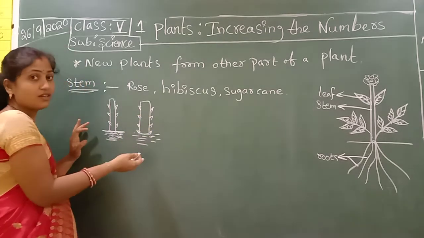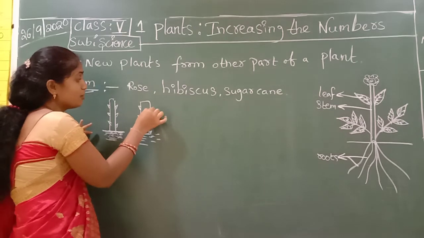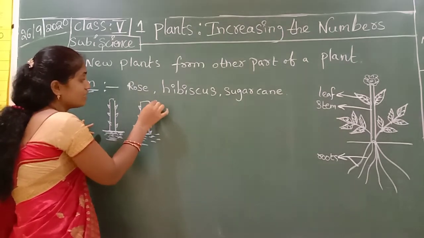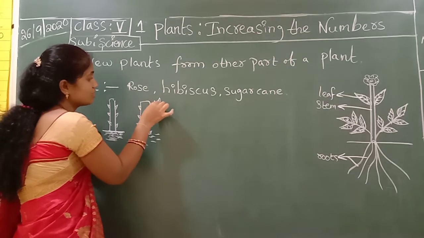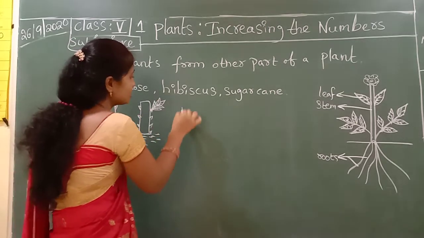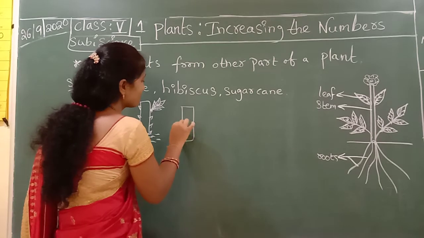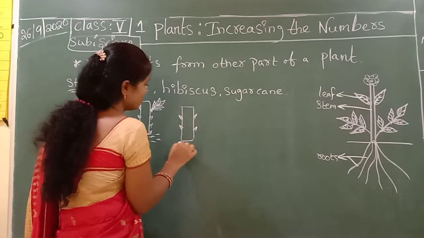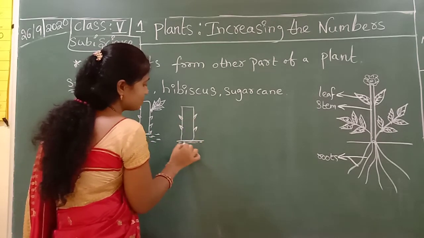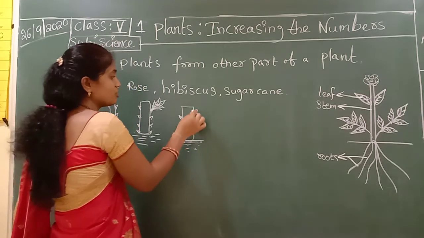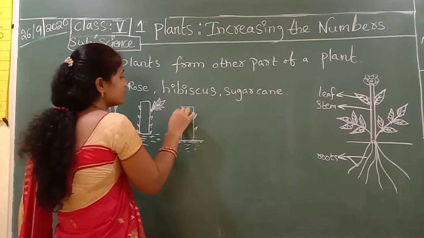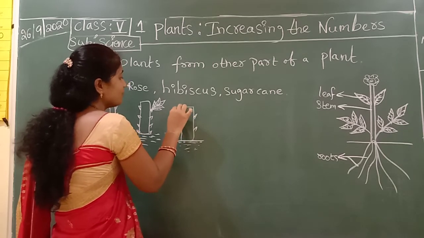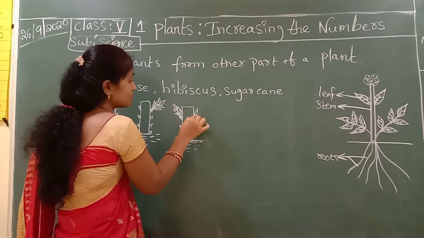After one week we get leaves on the plant. We are getting leaves like that, and next it will become big. Okay children, you have to observe your surroundings also. So many new plants we will get from stems.